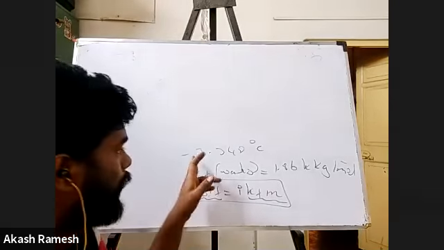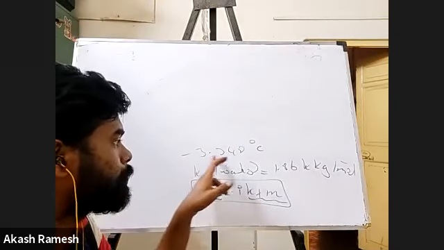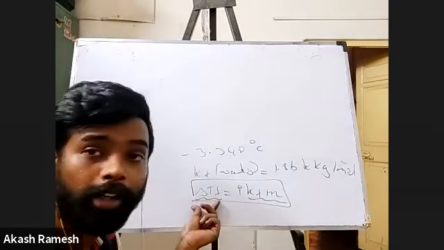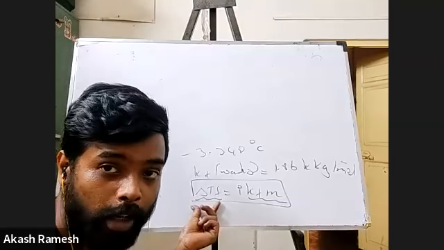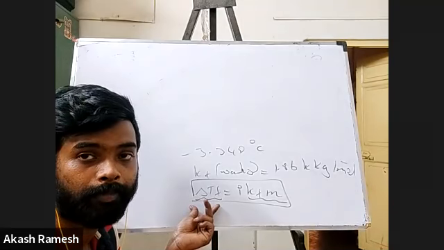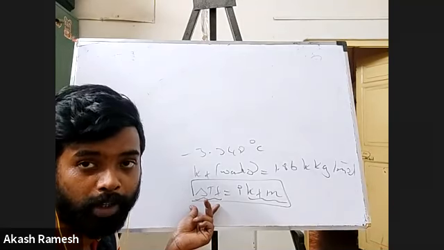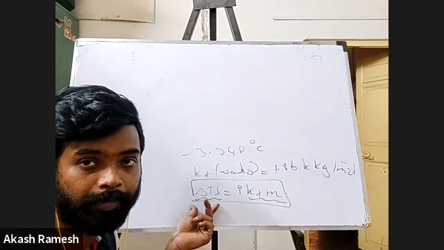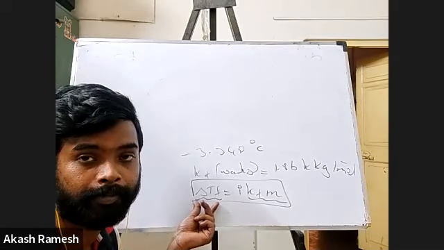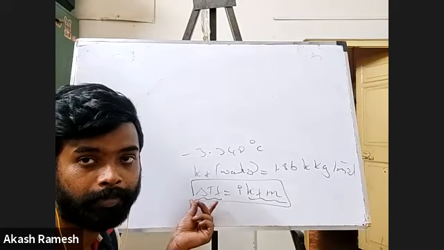Now see, minus 3.348 is the freezing point. But you have to calculate the depression in freezing point. What will be delta Tf for this question? I'm asking about the value, not the formula.